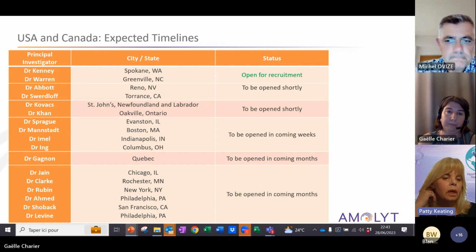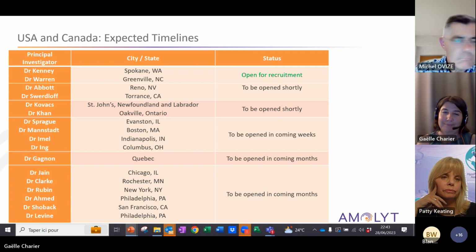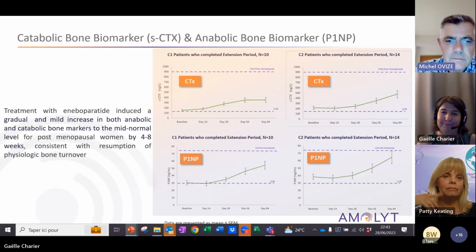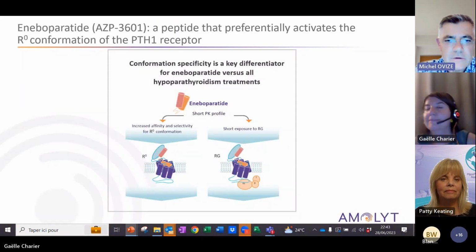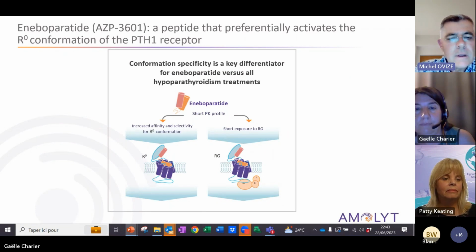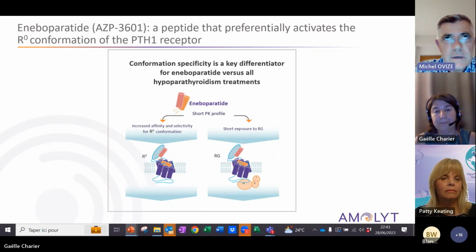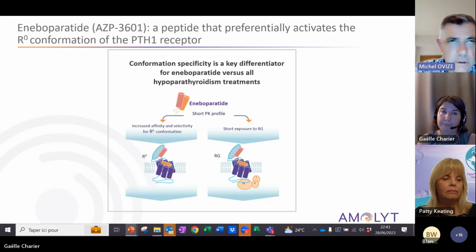Okay. Then I had a question from somebody that said, if the medication stays in the blood for only 30 minutes, how does the calcium stay stable for 24 hours? That's an excellent question. That's all about the mechanism of action and the specificity of our drug. This drug is very different from all the other drugs either on the market or in development.